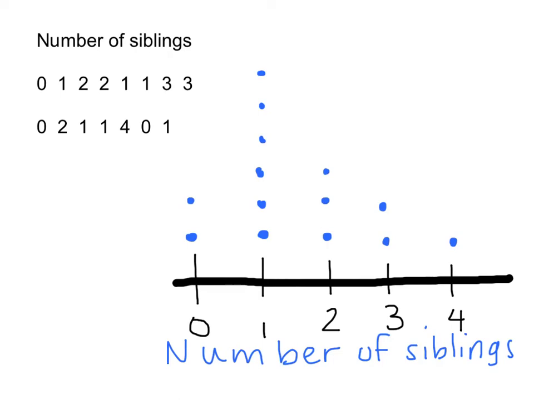I think I made a mistake with my dot plot. Can you spot it? Try counting the number of pieces of data.